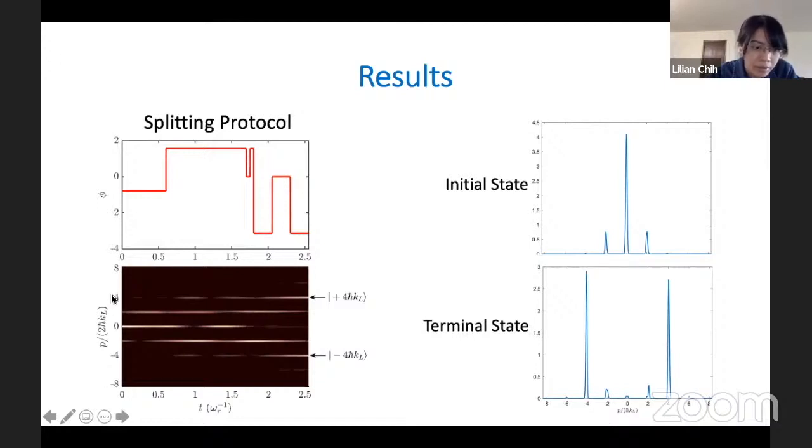And down here is the momentum distribution as a function of time. Initially, the state is prepared in the ground state. And after we apply the splitting protocol, it ends up in a superposition of the +4 and -4 state, as shown here.